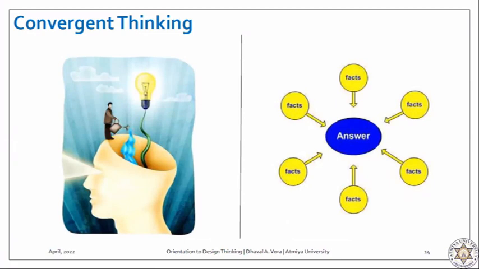This is how we can picture convergent thinking: so many facts are there, you have to go through all the facts together, and find out a concrete solution. Here the answer means the concrete solution out of all the facts.